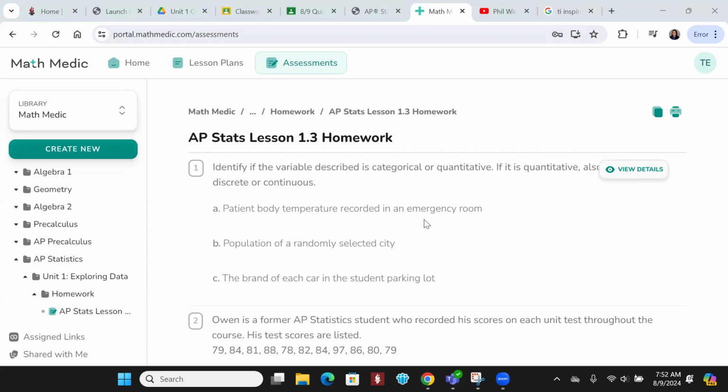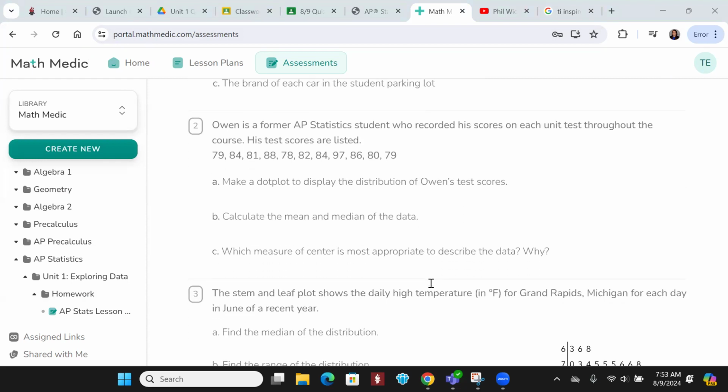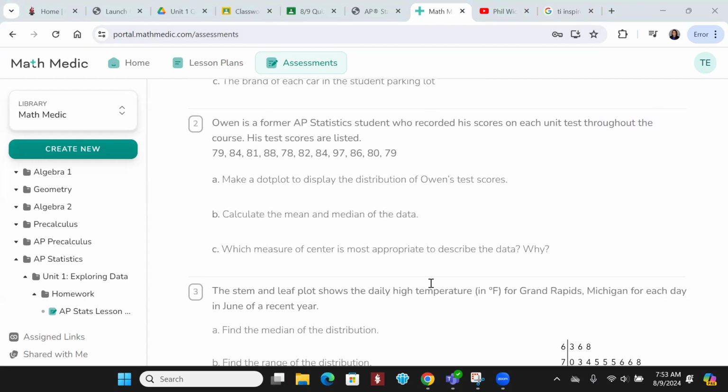Part B, is it quantitative or categorical? Quantitative and discrete. With population, you have to have a certain number of people. The brand of each car in the student parking lot, is that quantitative or categorical? Categorical. It's whether they have a Tesla versus a Bronco or whatever.